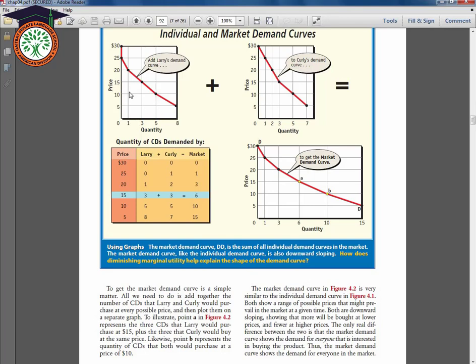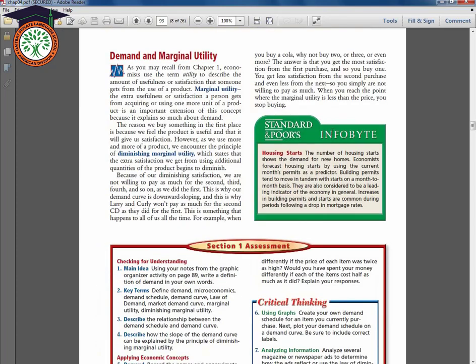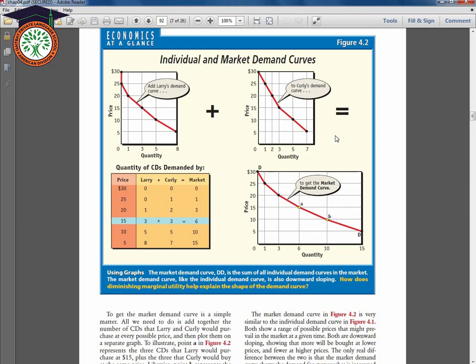If you understand this well, then I want you to draw your own graph that shows the relationship between the price and the quantity demanded and explains the law of demand.